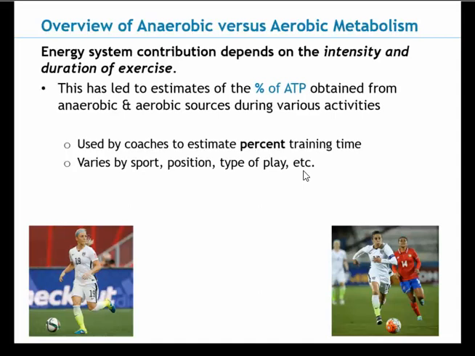Soccer on average uses all three energy systems the most compared to all other sports. It's been estimated that with soccer there's about 21% walking, 60% slow runs and jogs, and about 19% sprints and ball possession. We can take a defensive player.